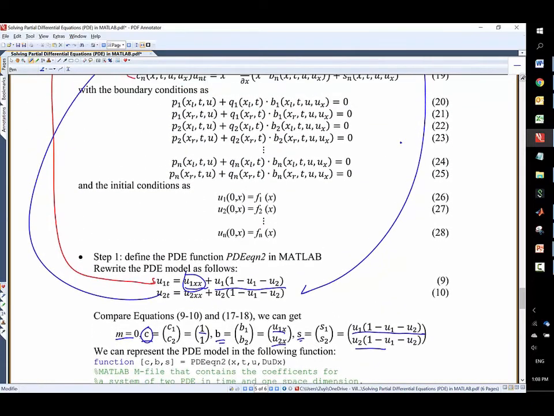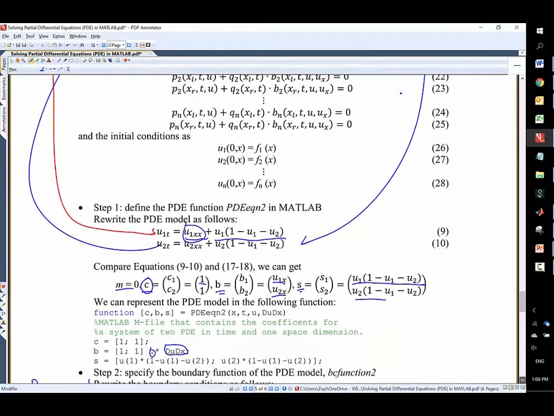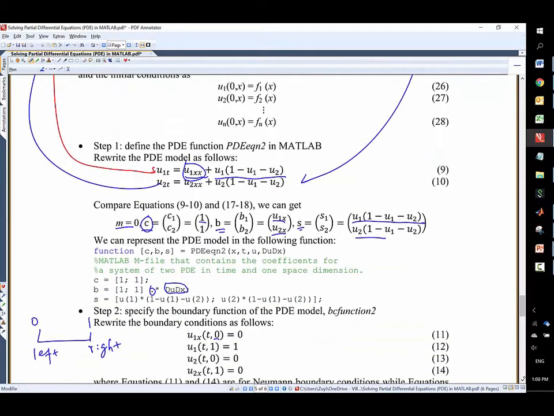P1 as left, and s is 0 means x is 0 here.